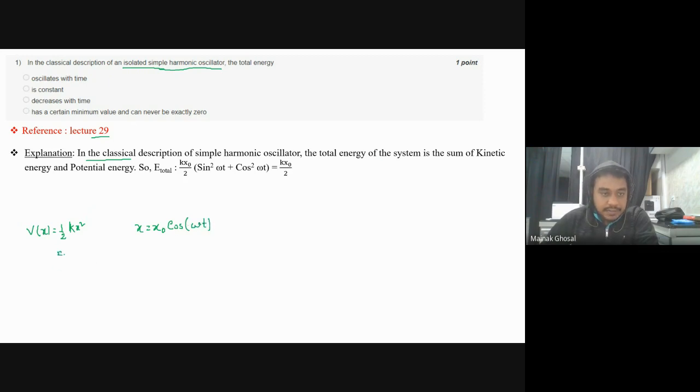If you put it in, half k x0 squared cos squared omega t. This will be the potential energy, V of x.